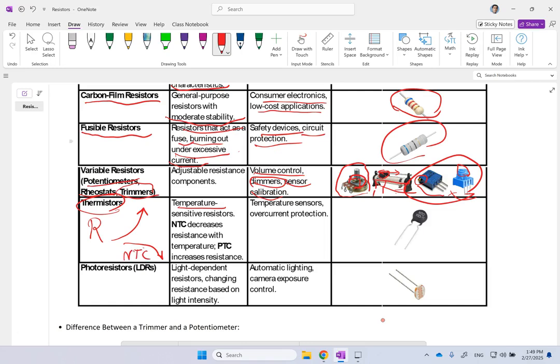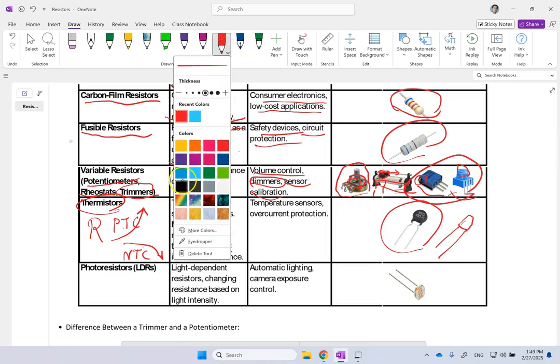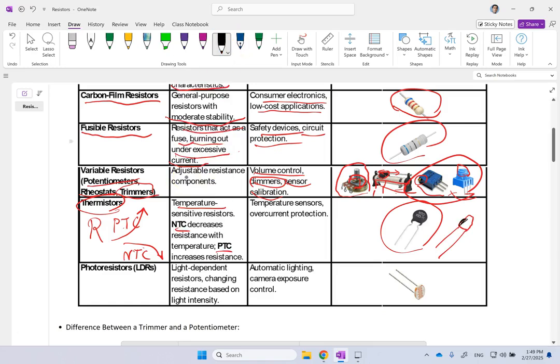If their resistance with temperature goes up, we call them PTC, positive temperature coefficient. And they typically look something like this, or they have an appearance like an LED where this portion here is black. Okay, so these are the ones used for temperature sensors and for overcurrent protection or something. But mostly, as I said, they are used for temperature sensors.